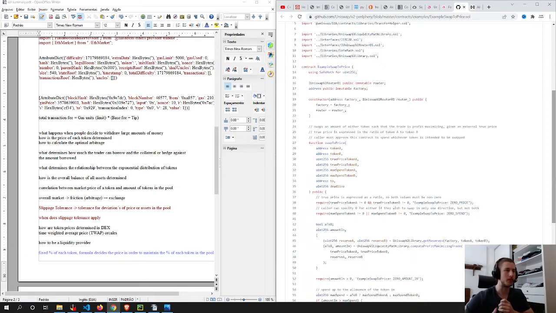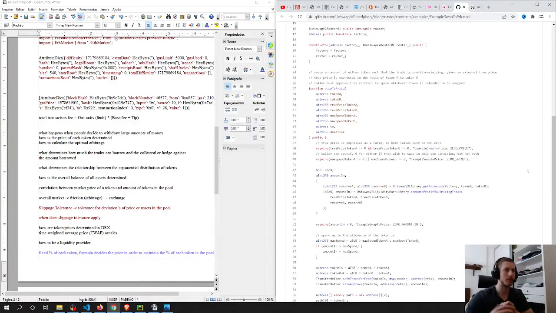True price is expressed as a ratio, so both values must be non-zero. So the price is the ratio between the liquidity token and the normal token, I guess, which is the K of the equation for Uniswap V1.